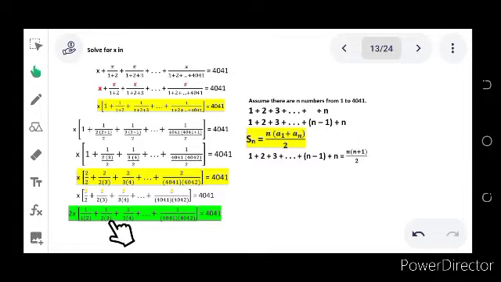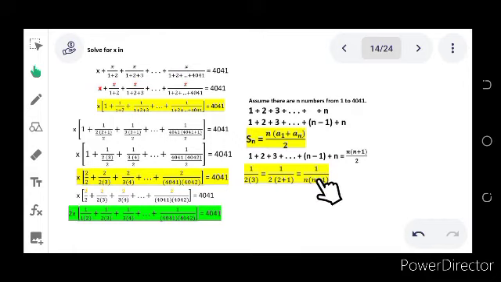Therefore, using 1 over 2 times 3 as our base, we can see that 1/(2×3) equals 1/(2×(2+1)). That 2 is our n, and 2 plus 1 is our n plus 1.